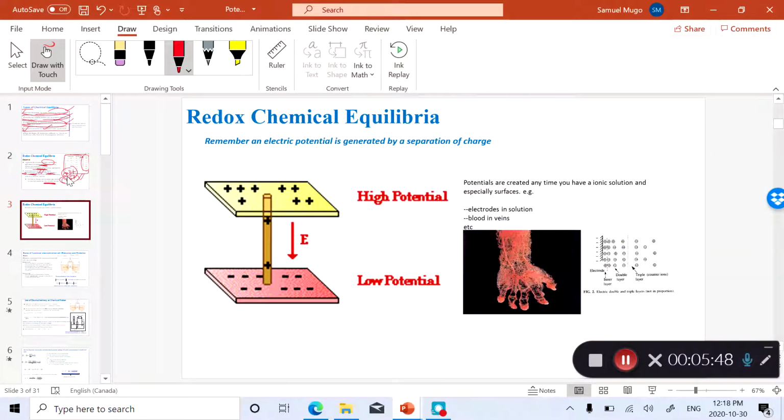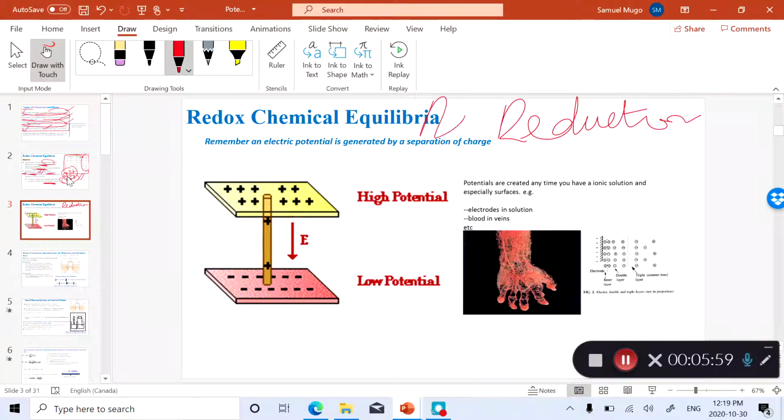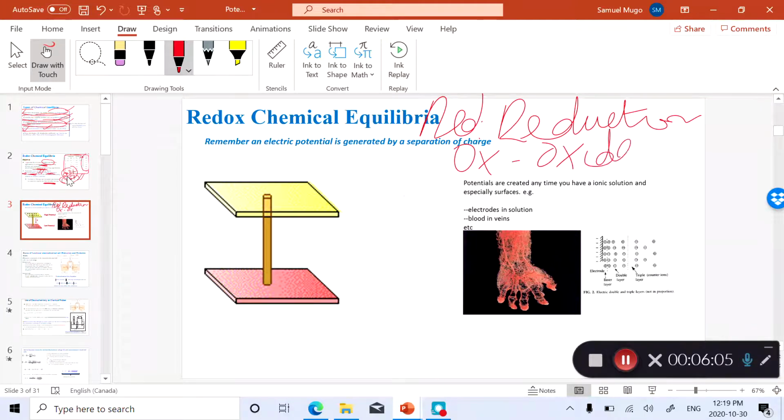So what do I mean by redox equilibrium? Redox essentially means, RE is for reduction, and OX is for oxidation. All right.